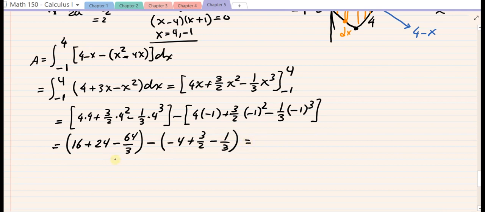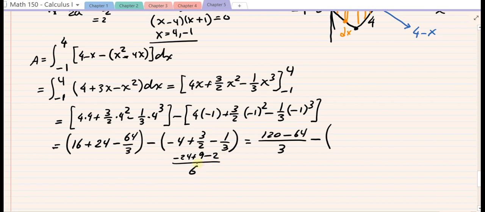And in here, when we work all of these out, let's see, this is going to be the 40, right? 40, so it would be 120 minus 64/3, combining in parentheses, the first parentheses, minus the second parentheses, combine these into one, the LCD is 6, negative 24 plus 9 minus 2, right?